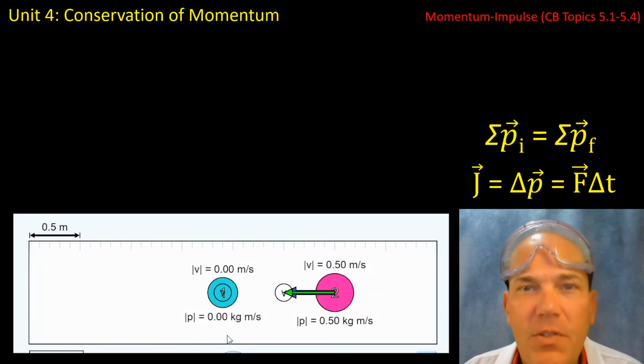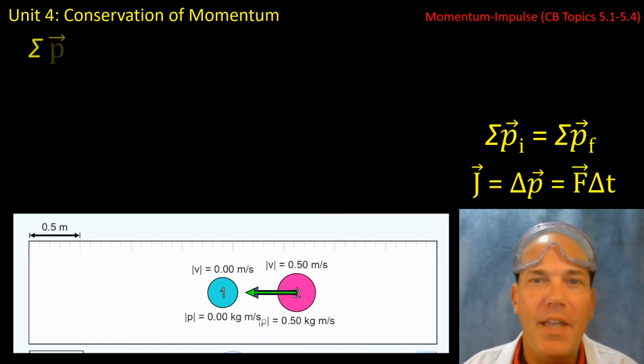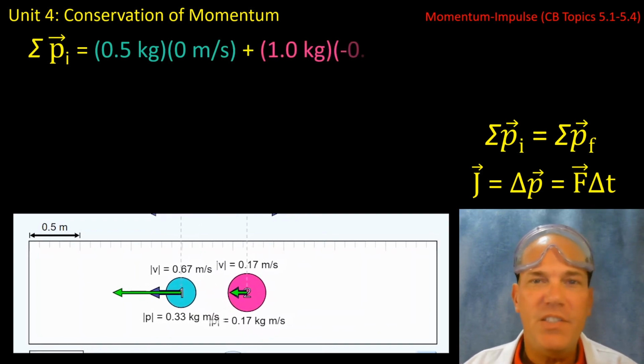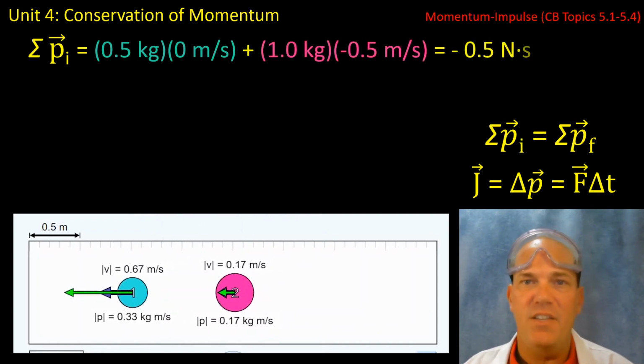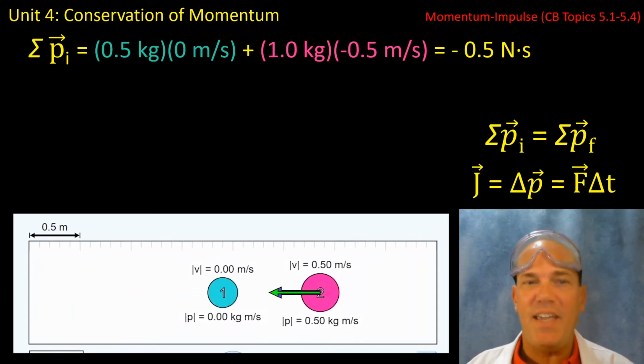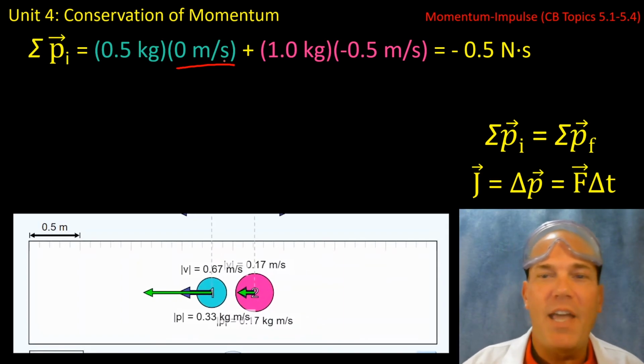In this final scenario, in which the light blue ball has 0 momentum initially, if we were to sum the momenta initially, we would get negative 0.5 Newton seconds. Again, look at the velocity of the light blue ball.